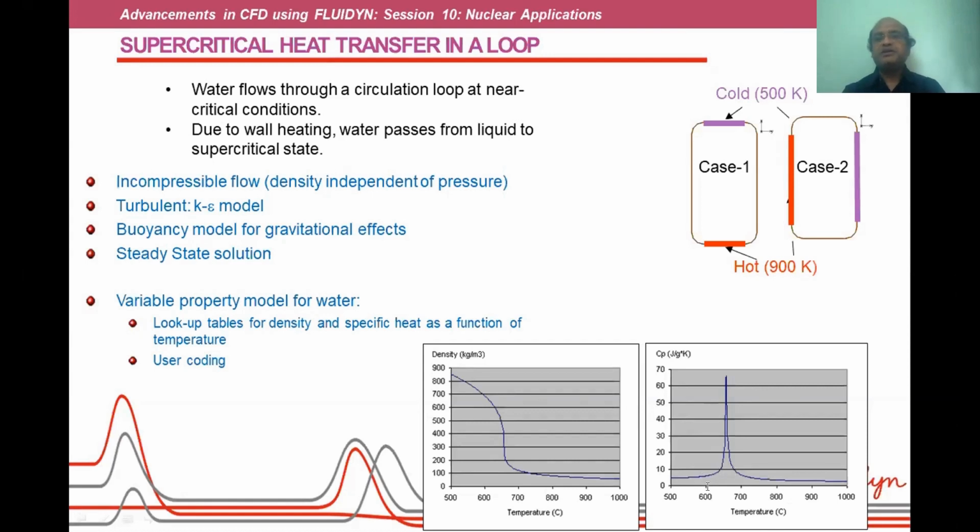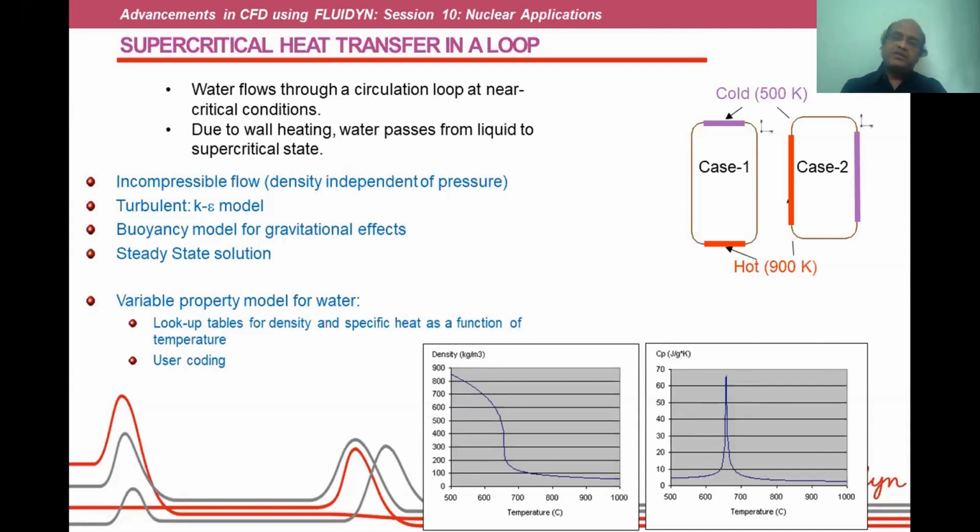For example, in the graph here at the bottom right, we can see that the specific heat goes to a value of 70, that is, it increases 7 times, between 650 and 700 degrees centigrade.